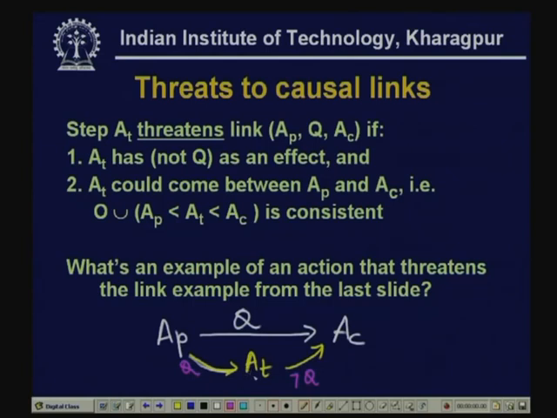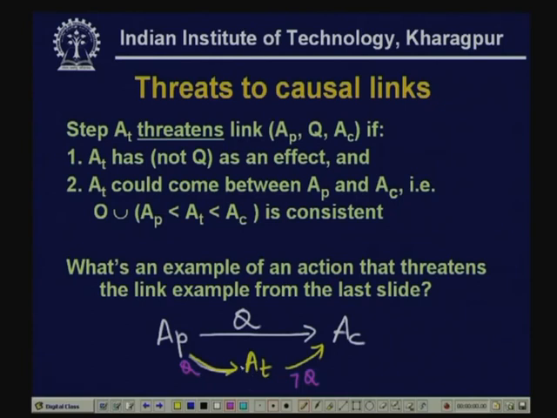So, a step AT can threaten the causal link from AP to AC on Q if AT has not Q as an effect, and in that case AT cannot come between AP and AC. Okay.